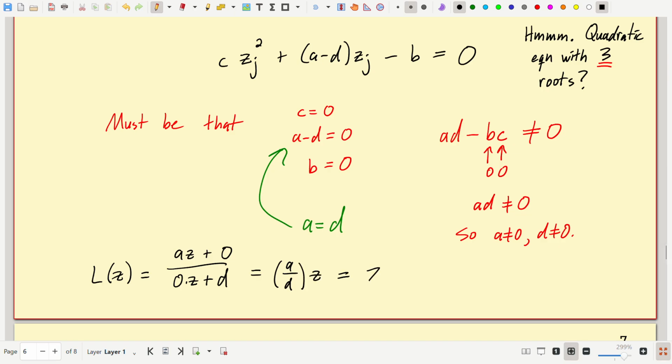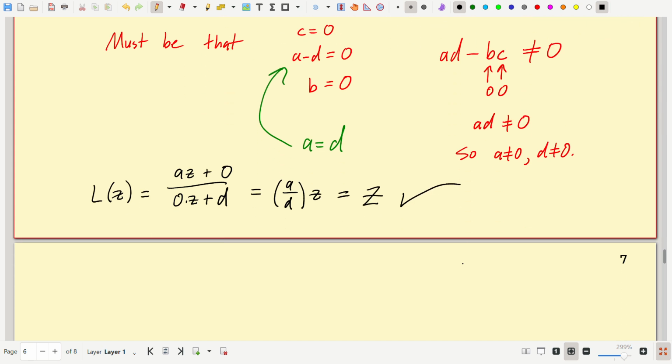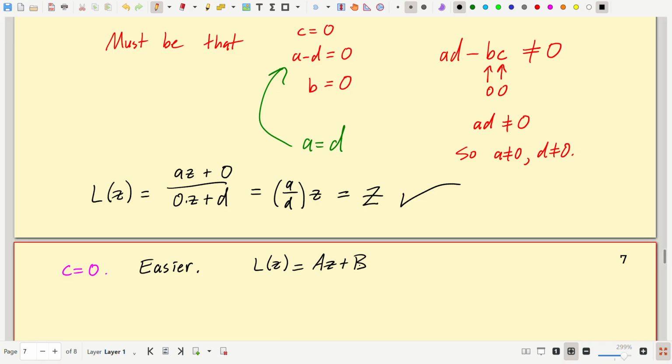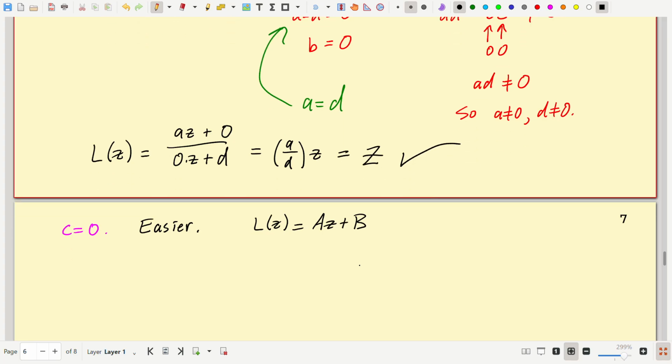And so this is just Z. So sure enough, the linear fractional transformation has to be the identity. And the C equals 0 case is even easier, because then your linear fractional transformation is just AZ plus B, and you'd have a linear thing with 3 roots.